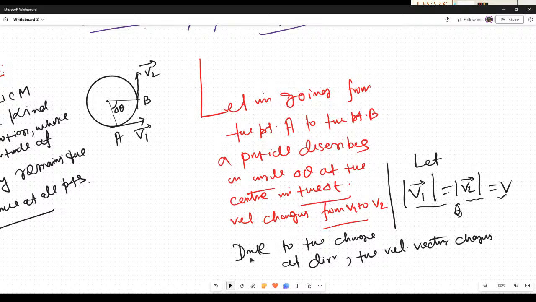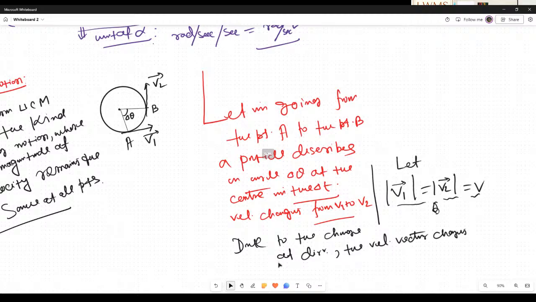We are interested in finding that change of velocity vector by time. Let us find V2 minus V1 by delta t. It happens, delta theta in time delta t we have assumed. We want to find this change of velocity over the time. We will get the acceleration.